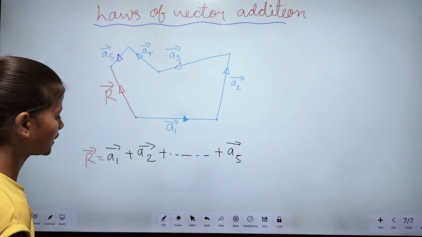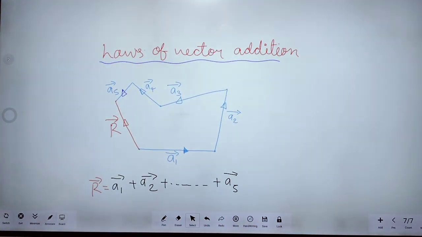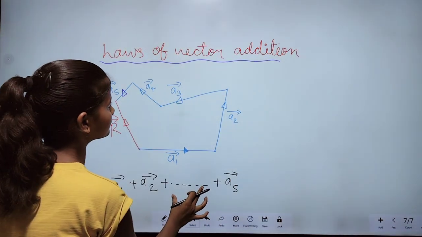Okay. So I hope you understand what the laws of vector addition are. Now let's see the law of triangle. Here resultant means sum.